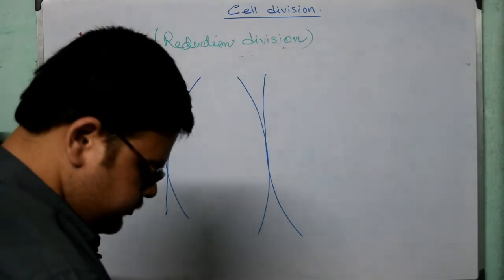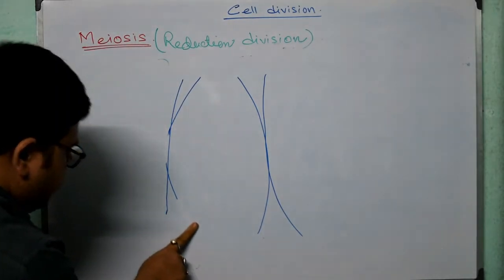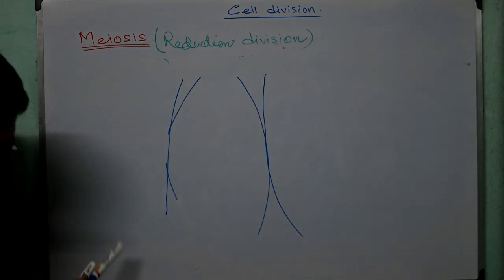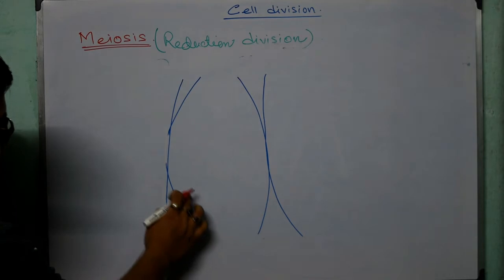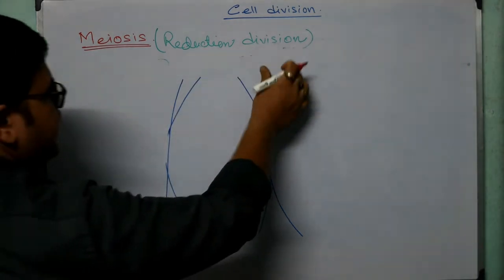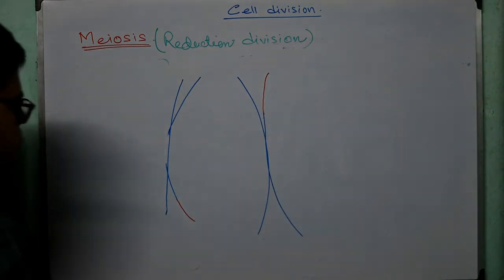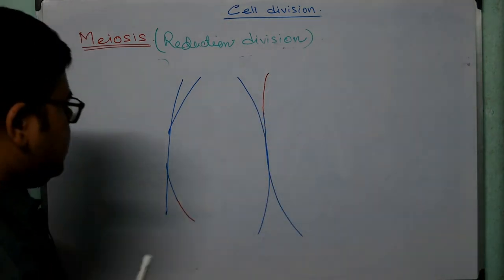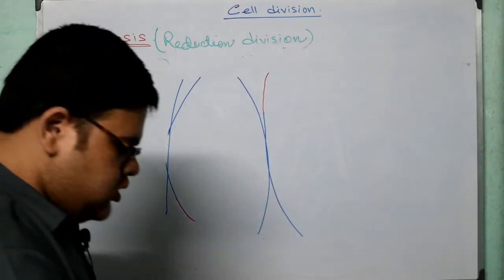Now what happens? Suppose this part, this leg, this particular part gets crossed over to this particular part. So this is known as crossing over.